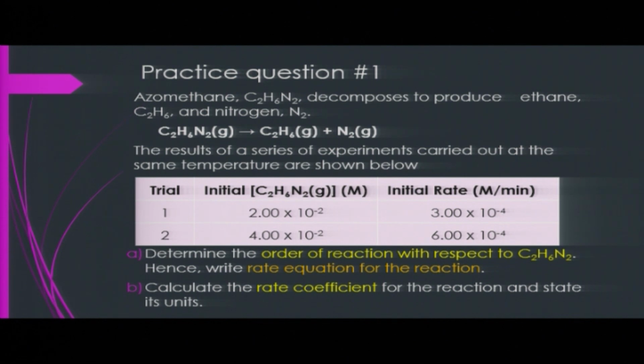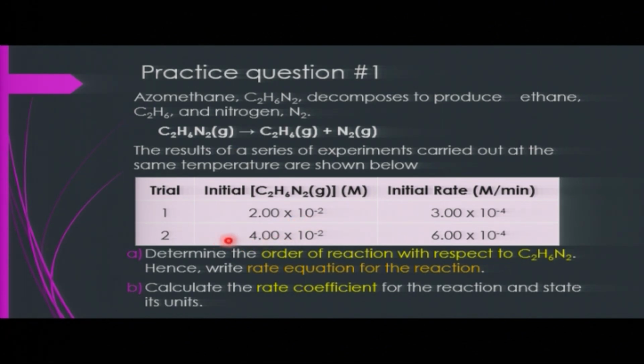So, what information do we have based on what we've just looked at? We have the equation. Azomethane decomposes to give ethane and nitrogen, as you see. We have the data for the first experiment, whereby they had the initial concentration and they determined the initial rate.